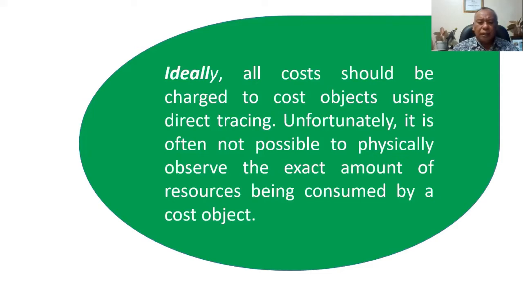Unfortunately, it is often not possible to physically observe the exact amount of the resources being consumed by the cost object, especially for common facilities, like electricity, which we use for all departments, or the building, for example, covering several departments and others.